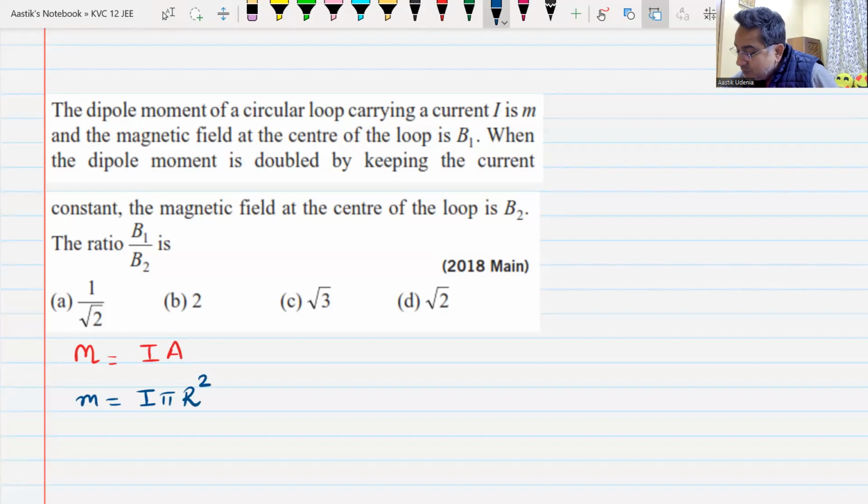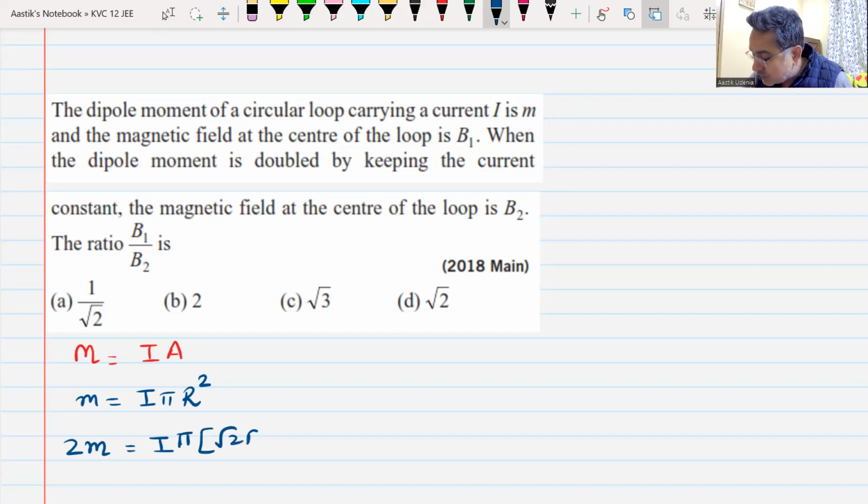The magnetic dipole moment is doubled by keeping the current constant, so the new magnetic dipole moment becomes 2M and the current has to be the same. So the radius should become root 2 times r.